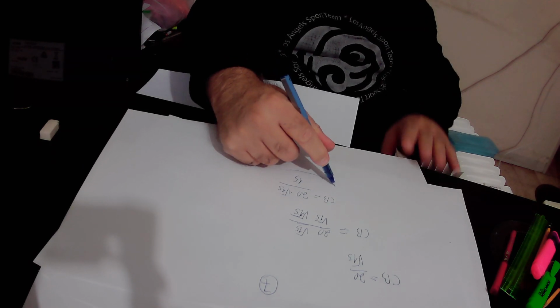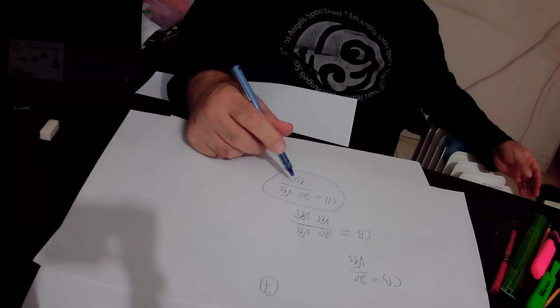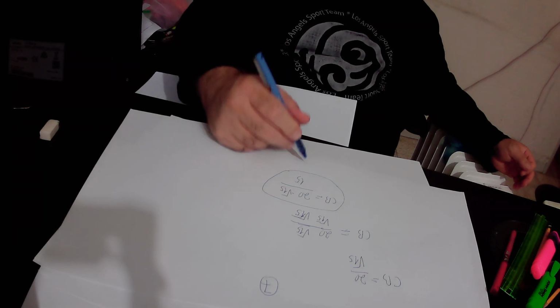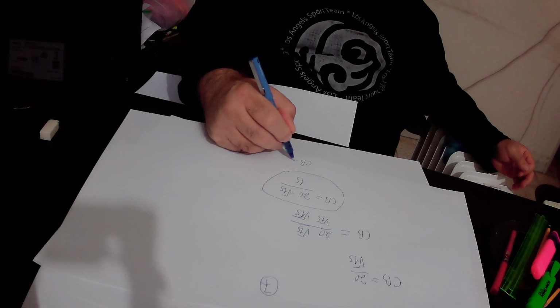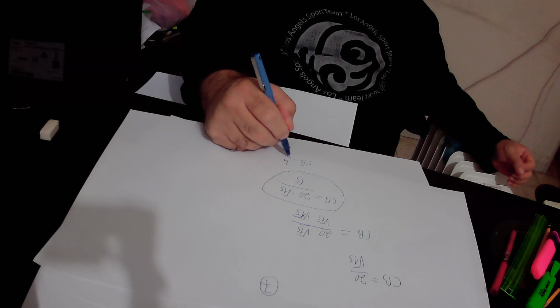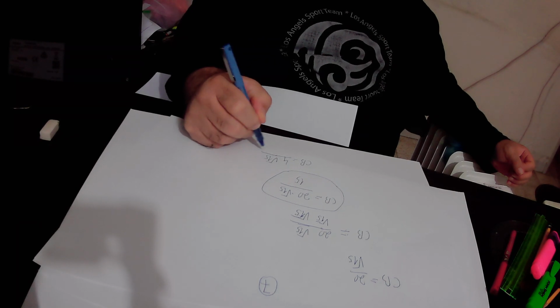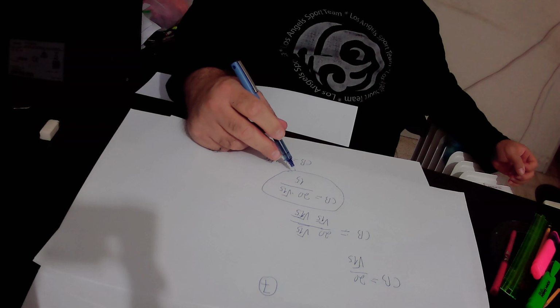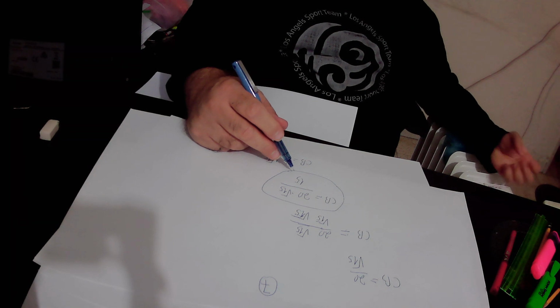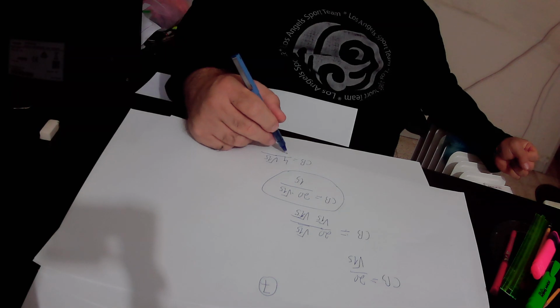Here we will divide this expression by 5, both the numerator and the denominator, and we will get that CB equals 20 over 5, which is 4. So it is 4 times square root of 15 over 15. We also have to divide the denominator 15 by 5, which is 3.